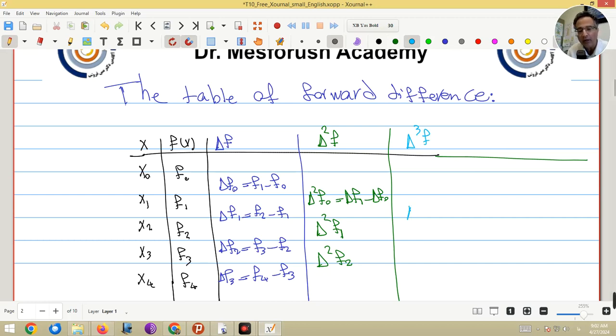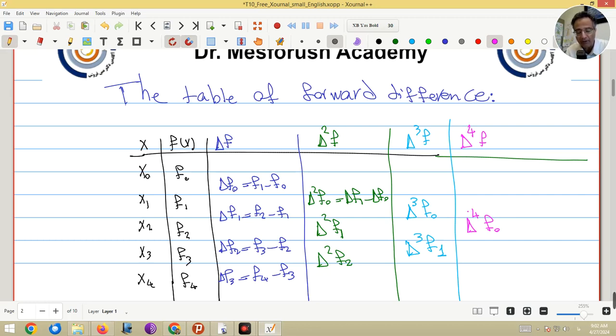From these two I can get delta 3 f0, and delta 3 f1. In the same way I continue: delta 4 f0. Now you can see that here I have f0, delta f0, delta squared f0, delta 3 f0, delta 4 f0, and so on.